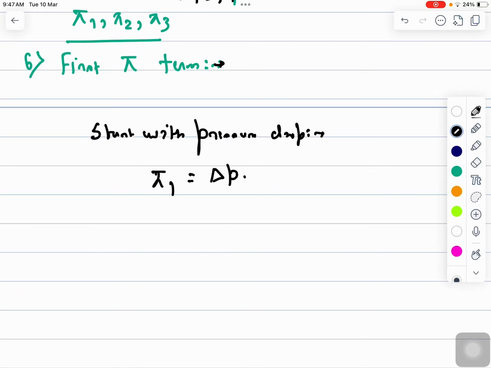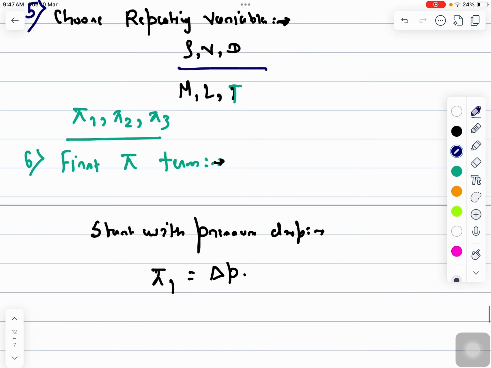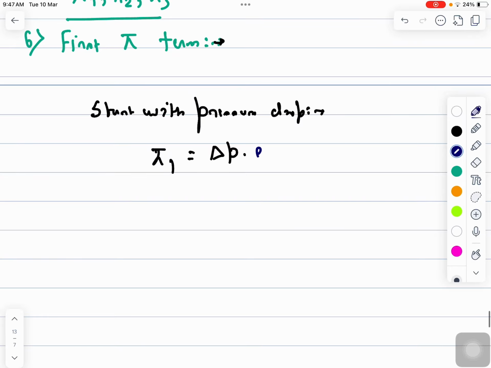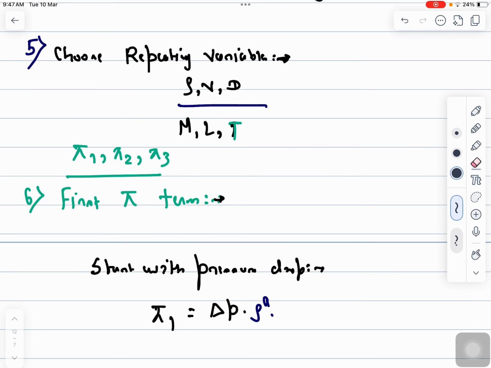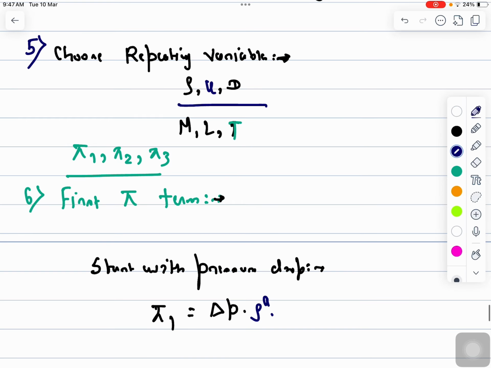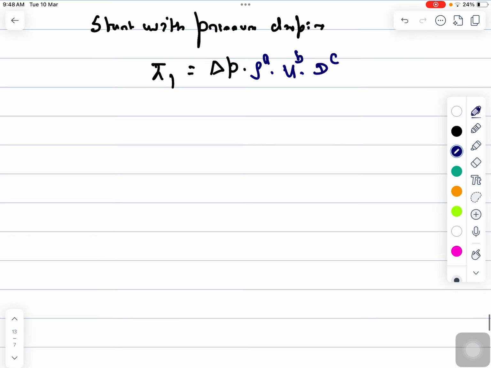Delta P into, since we have defined rho, v and d, we will write rho to the power a, v will be the velocity, I'll write here u to the power b and d to the power c. Is that clear? So we know the pressure unit delta P is your M L minus 1 T minus 2.